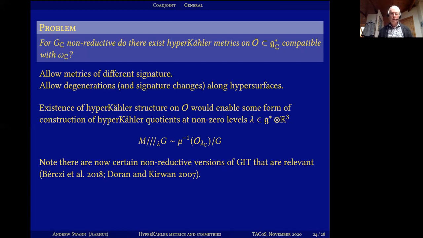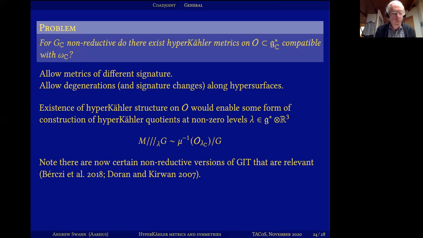So you would expect that, if you have a hyperkähler metric on such orbits, then you can use such an idea to construct hyperkähler quotients at other levels. So this is very useful when G has a very small center. Yeah? So groups like SU2 and so on, they don't have much of a center, so in the first instance, there aren't many hyperkähler quotients of them, but if you use orbits in this way, then you can construct other hyperkähler manifolds.